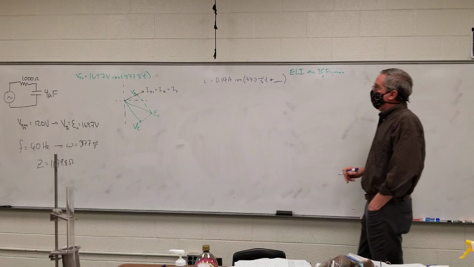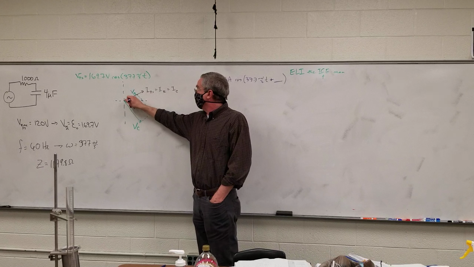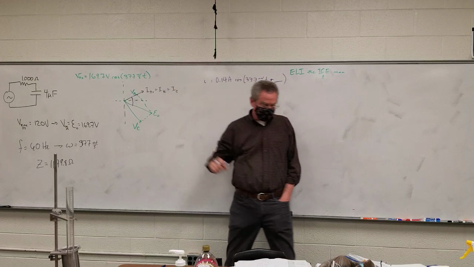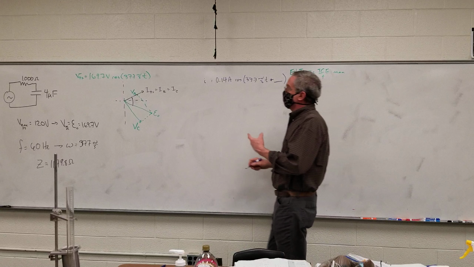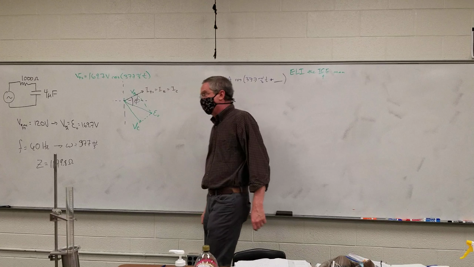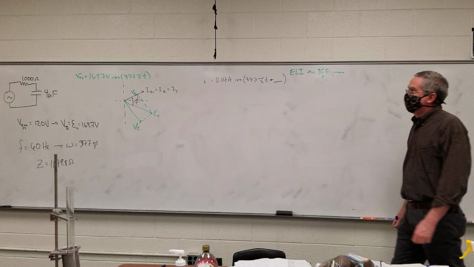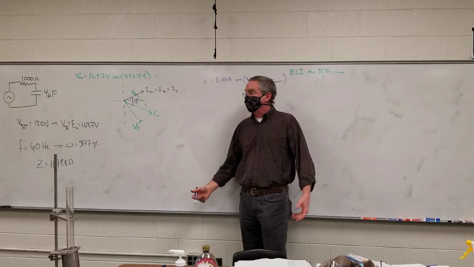I need to figure out what is the difference in the angle between my voltage from the power supply and my current. So I need to find this angle I just marked in purple, which I will cleverly label phi. Oh, I have a right triangle there.